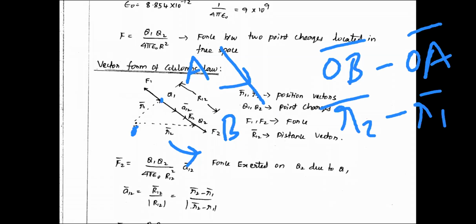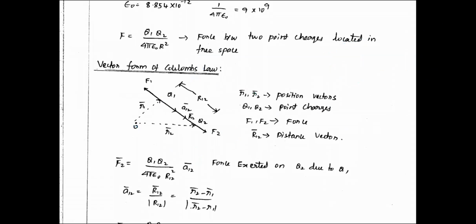Now you know two vectors. Once you take the difference, you will get a vector. Definitely that will have some magnitude, but we are not interested in magnitude, we are interested only in direction. So after calculating the difference, R2 vector minus R1 vector, you divide that by its magnitude. That will give you the unit vector in that direction.